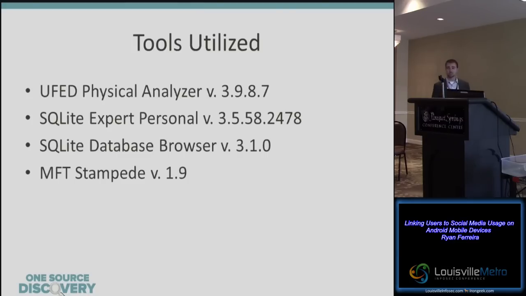And MFT Stampede, which is a pretty good tool, also a free tool out there that I'll basically use for some of the timestamps in here. A lot of the timestamps are generated in Unix epoch time, which is the number of seconds since January 1st, 1970. Obviously, I don't want to count that long, so just go ahead and use a tool like this and put that information in.